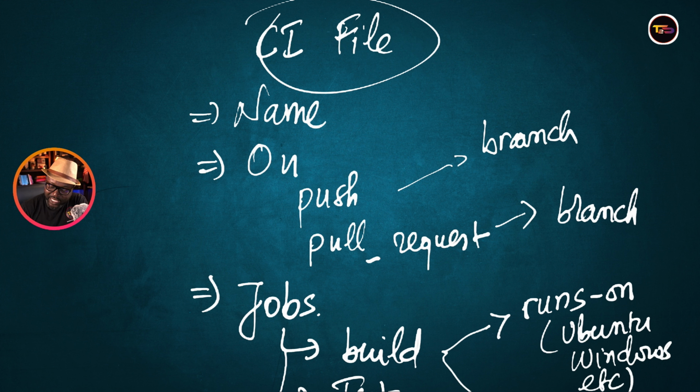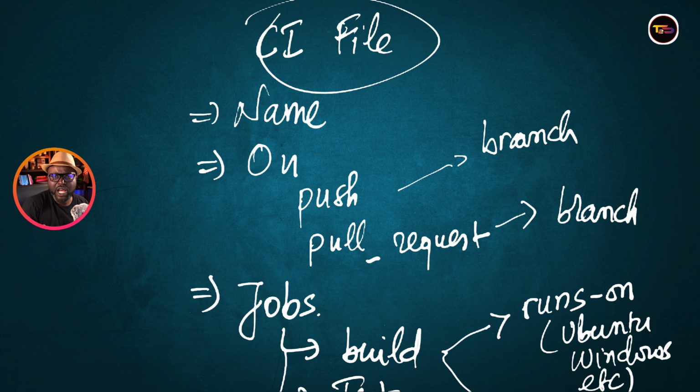And then the second thing, for each job, you're going to have to define steps. And then the steps, you use uses, meaning that it could be an action to check out, or it could be a command to run, like a run command.